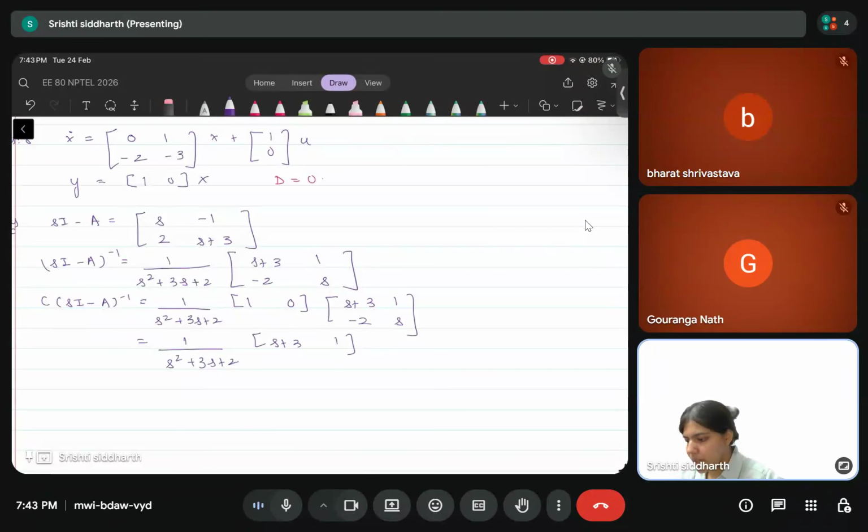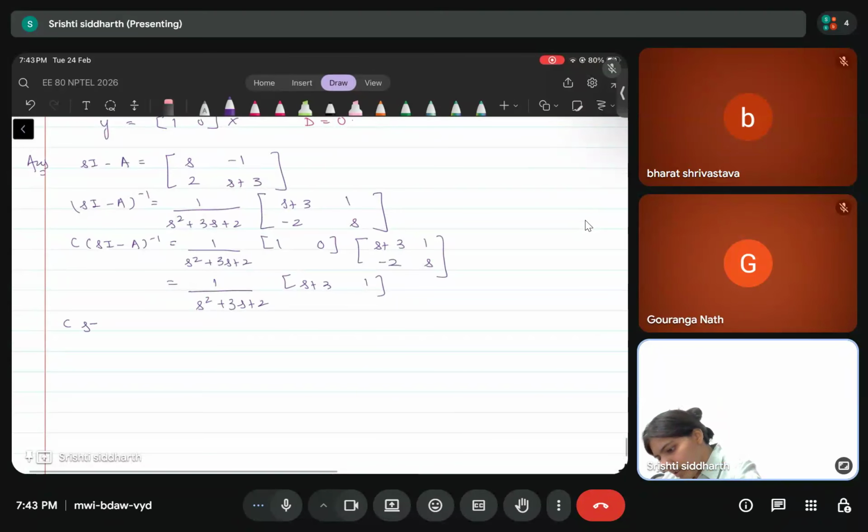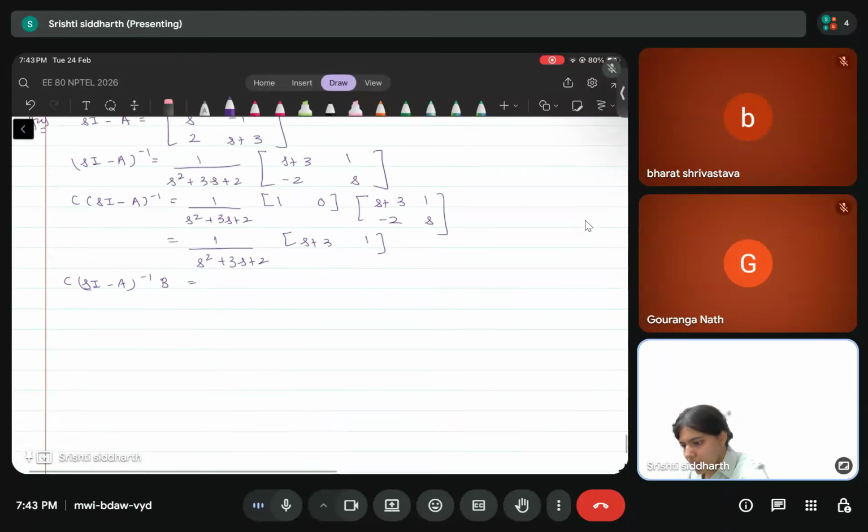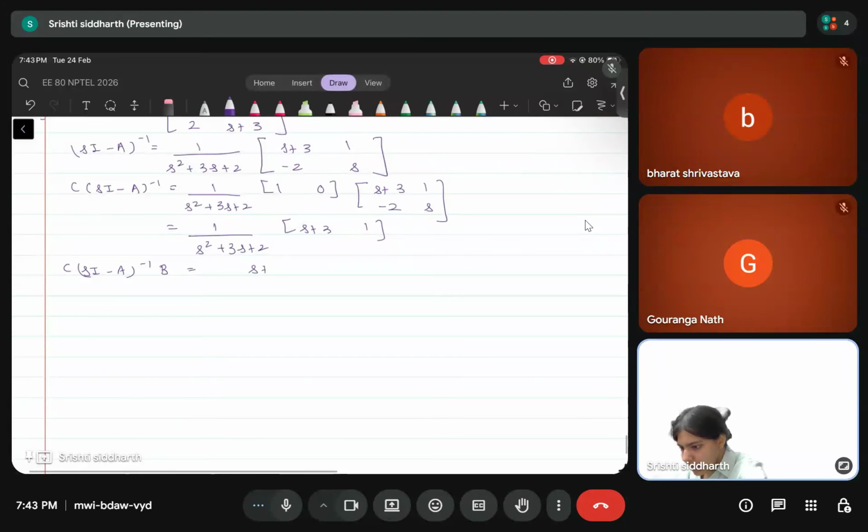And then this times B, where B is 0, 1. This means the first entry. This is s plus 3 over s square plus 3s plus 2. Okay, so this is G of s.